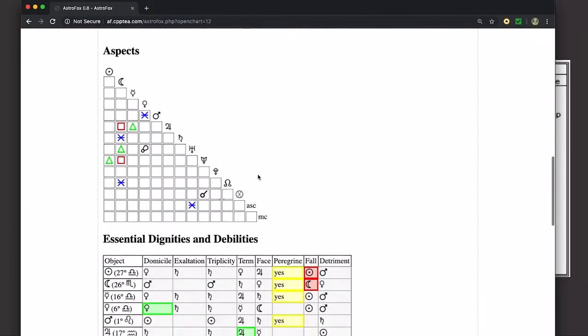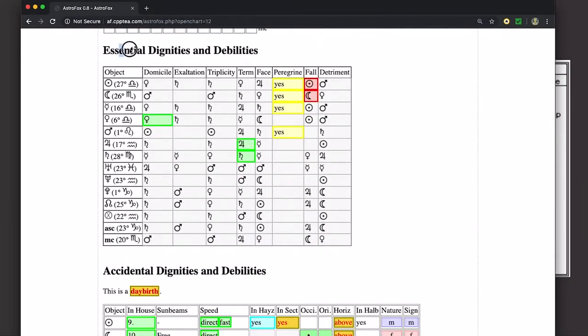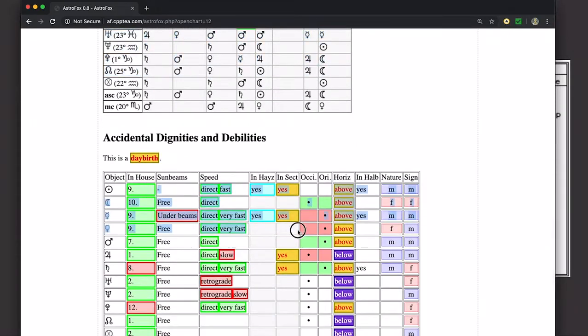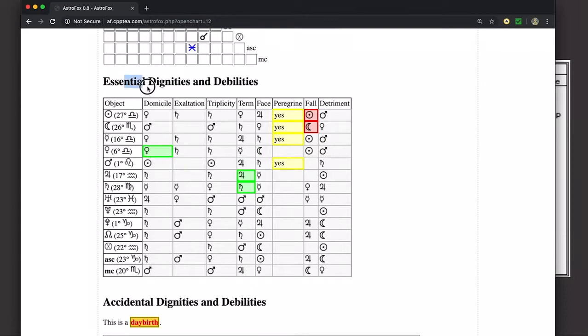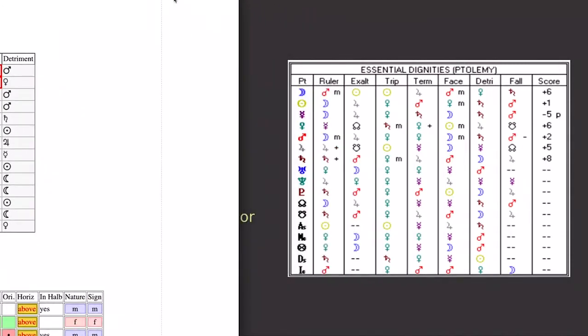AstroFox is great, and it did essential dignities, so I didn't have to buy a $200-300 program to figure out dignities. It did it all for me, and it does accidental dignities as well. But this is a lot to cover. So today we're just doing rulers and essential dignities, or major dignities.